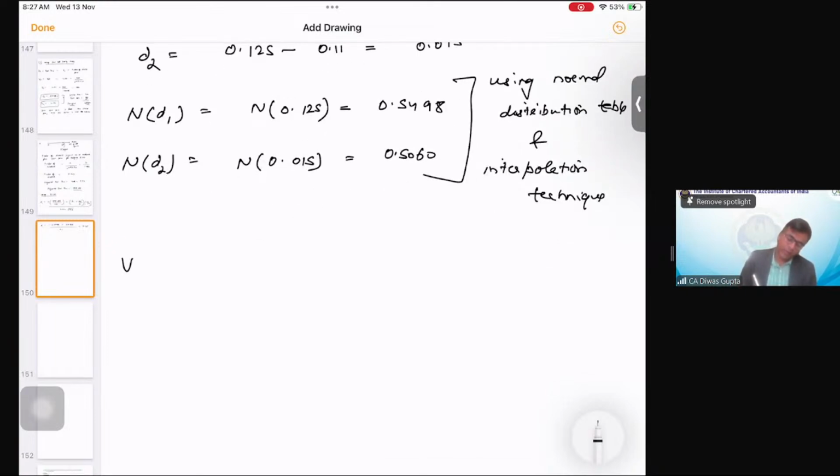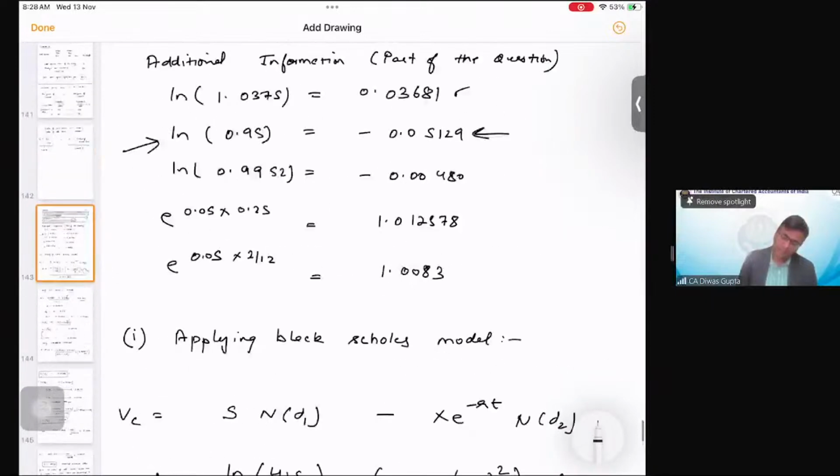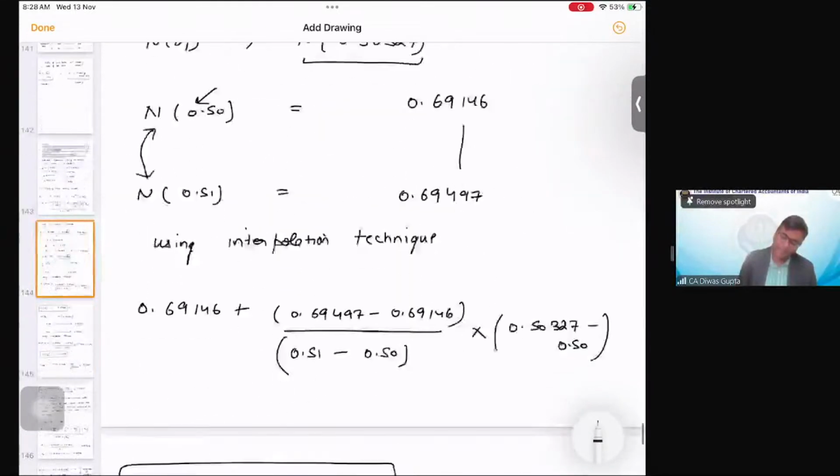The value of call option is 398.083 times 0.5498 minus 400 divided by the present value factor, which is 1.0125, what was it, 78 if I'm not wrong. Yeah, 78.